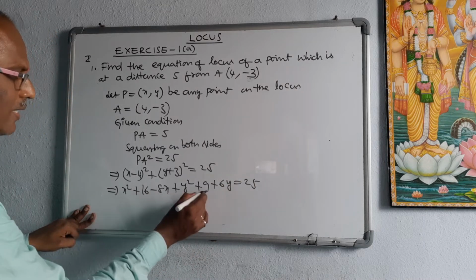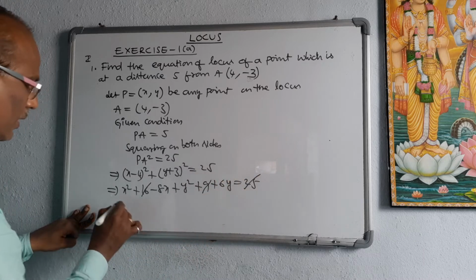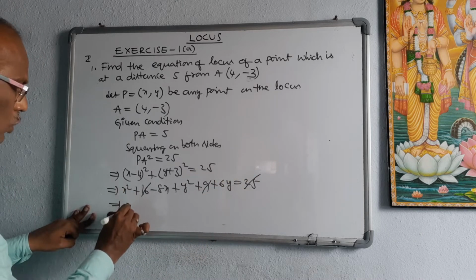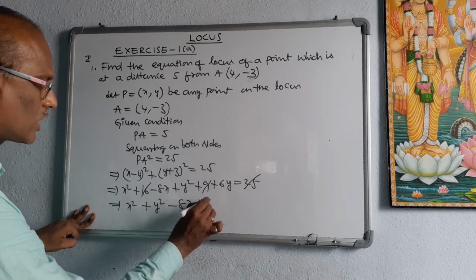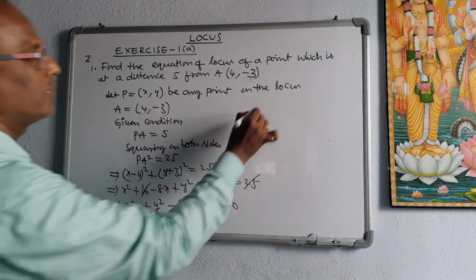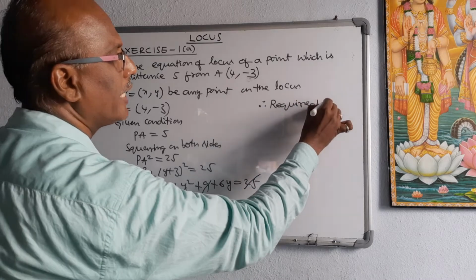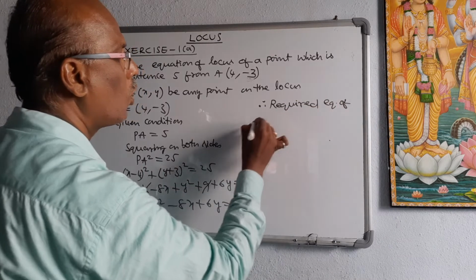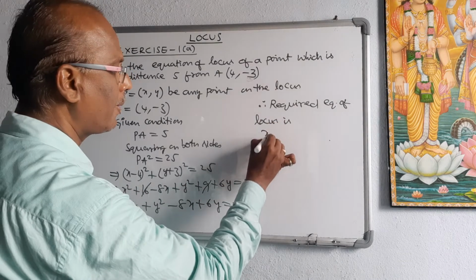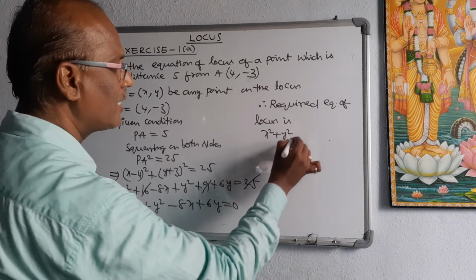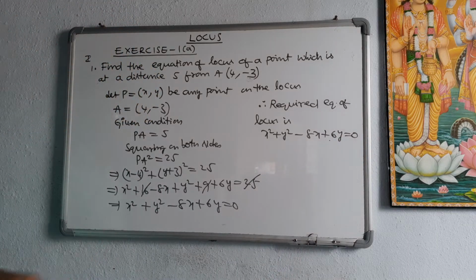Here 16 plus 9 is 25, and this value cancels with 25. Therefore, the required equation of locus is x square plus y square minus 8x plus 6y equal to 0.